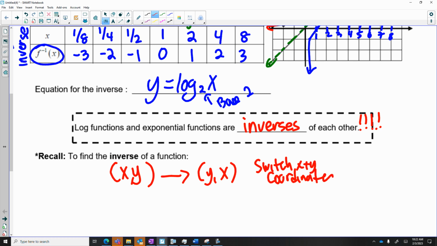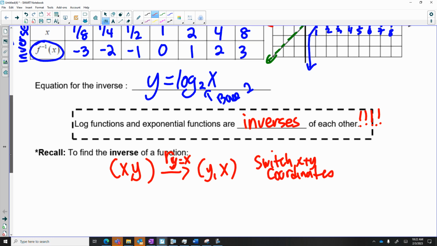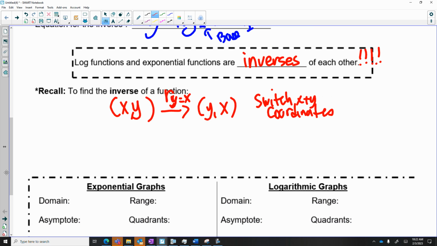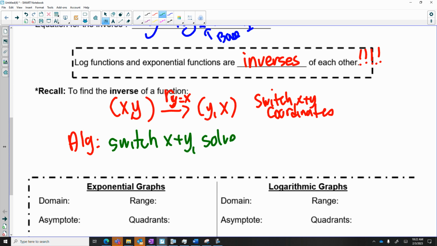And remember we said that's a reflection in the line y equals x. Little r means reflection in the line y equals x. Or remember when we do it algebraically, we switch x and y, solve for y. And we're going to talk about how to do this algebraically this week.